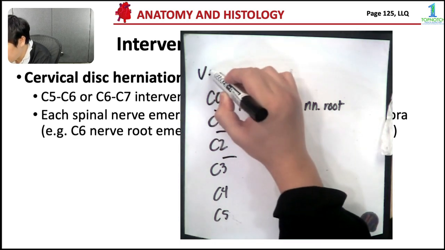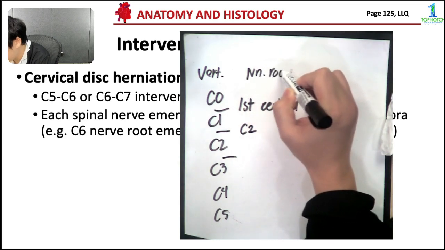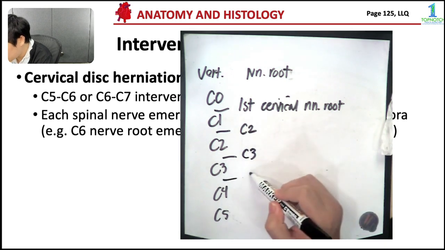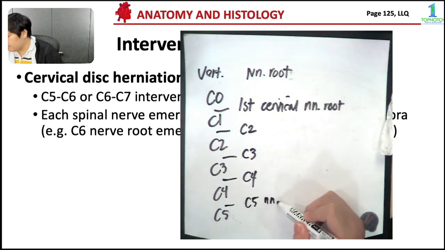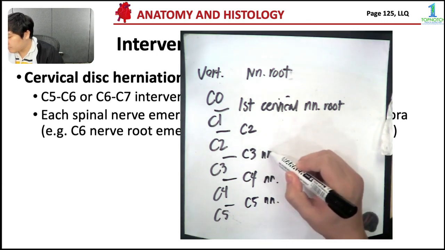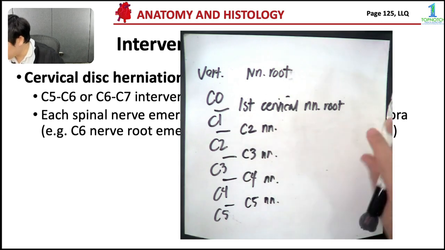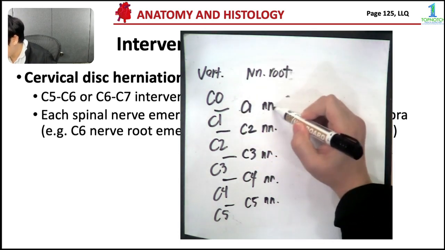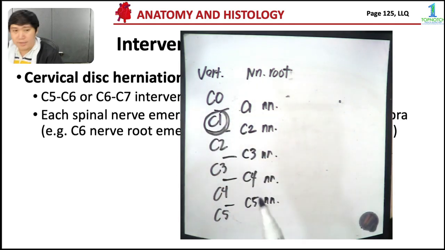This is a vertebra. This is the nerve root. C1, C2, so C3, C4, C5, and so on. What do you see? The first cervical nerve root, the C1 nerve root, exits above the C1 vertebra.